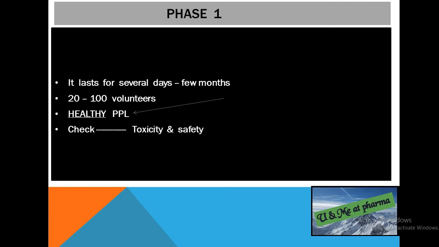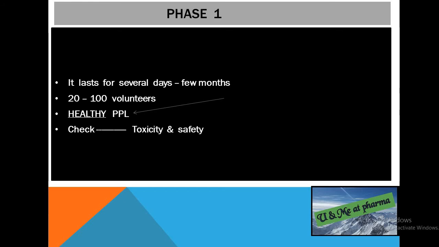And remember, friends, mainly here we require healthy volunteers and not patients. Many people get confused, but in this first phase we start with healthy volunteers to check, first of all, safety. What we analyze here is toxicity and safety. So mainly we analyze this in phase 1.